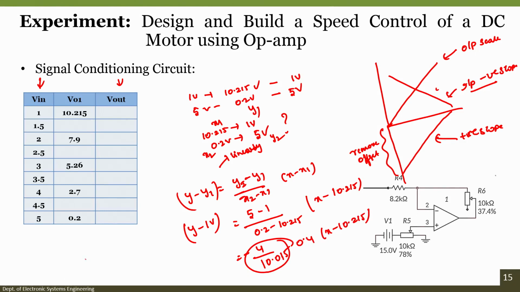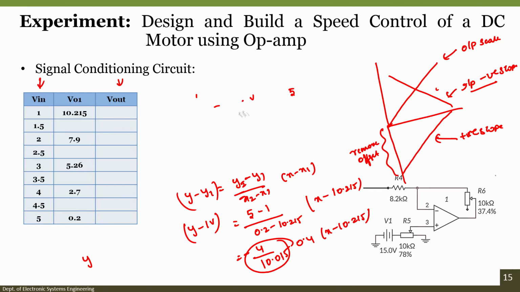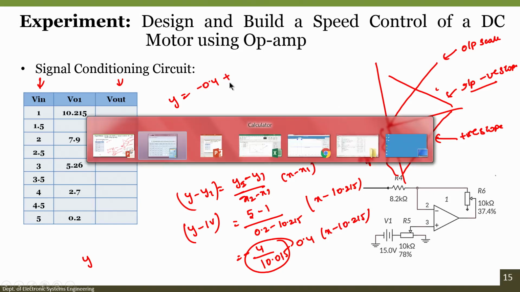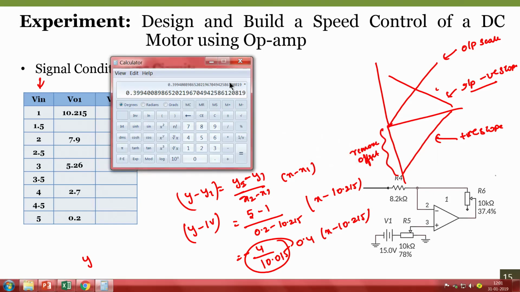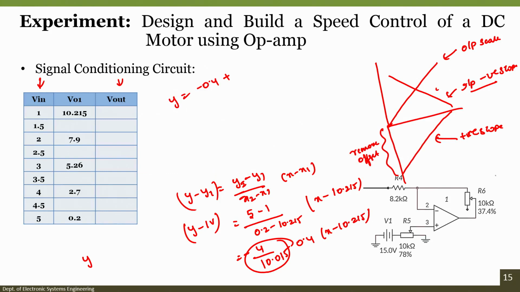Let me write it down here. So, y is equal to minus 0.4 x plus 0.4 into 10.215, which is 4, plus 1.